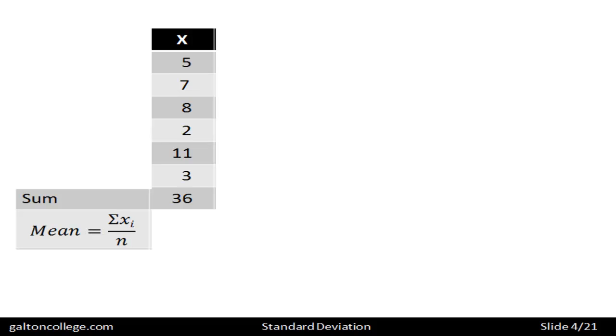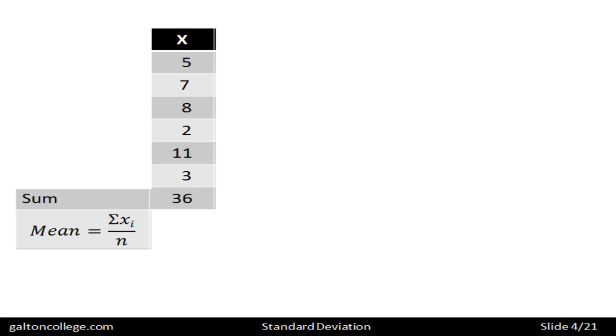Now, to calculate the mean, we simply take sigma xi. Each observation is known as xi, because it's a particular observation. The sigma means the sum of, so we add up each one: x1 plus x2 plus x3 and so on until we get up to, in our case, 36.